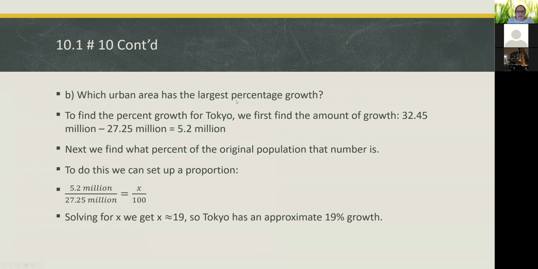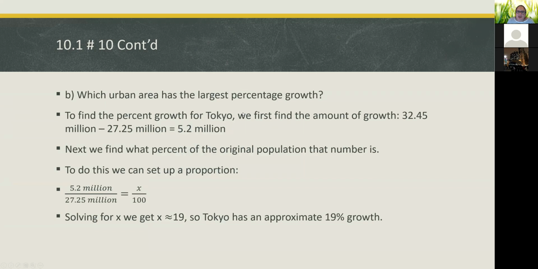Which urban area has the largest percentage growth? To find the percent growth for Tokyo, first we figure out how much the growth value is. So we subtract the later value minus the earlier value to get the total amount of growth. And that was 5.2 million.